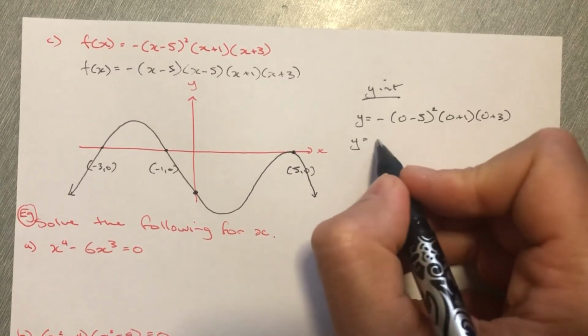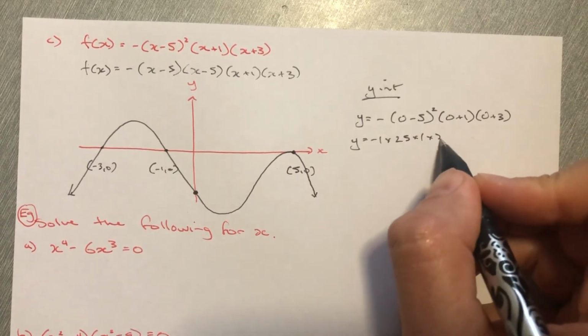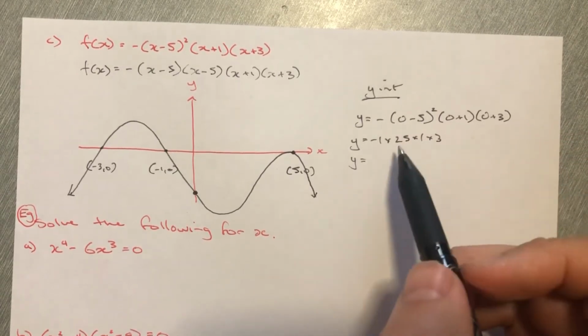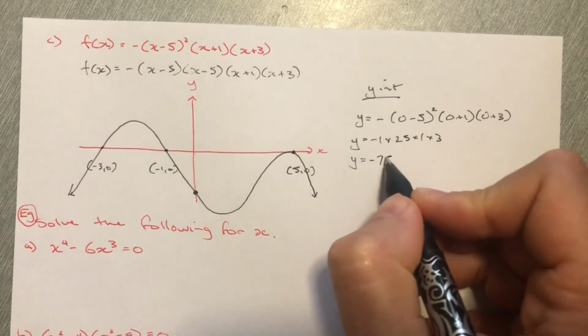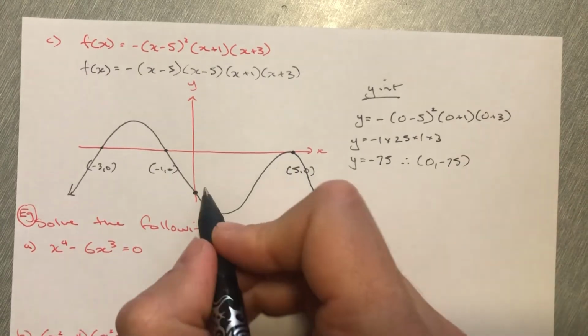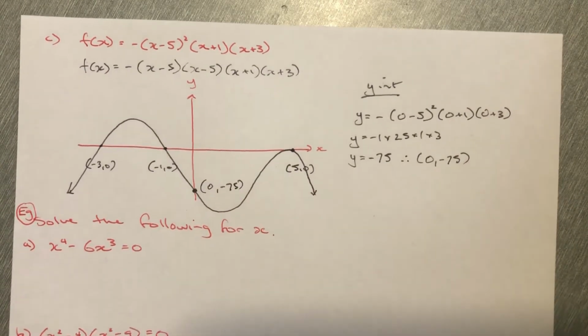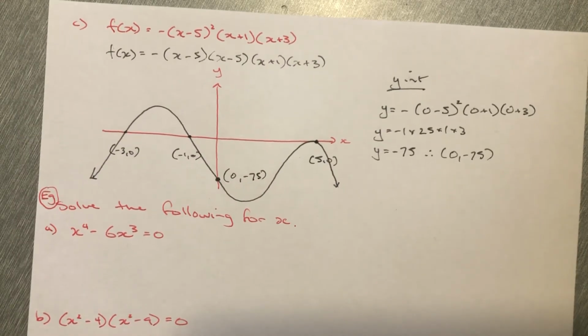I'm just going to change this to a -1. So it looks like minus 75 is our y-intercept. There we go, that one's finished as well.